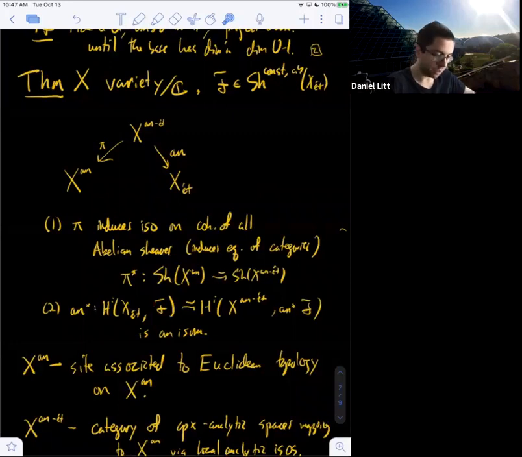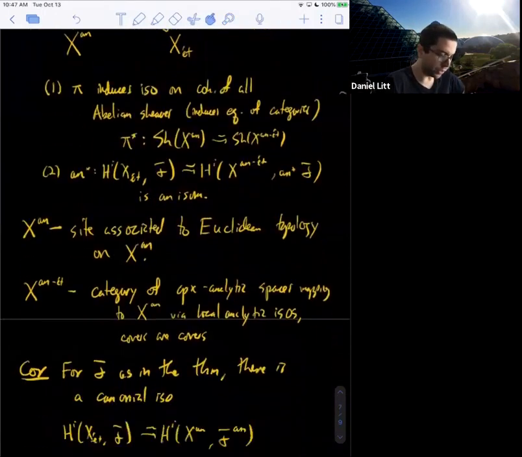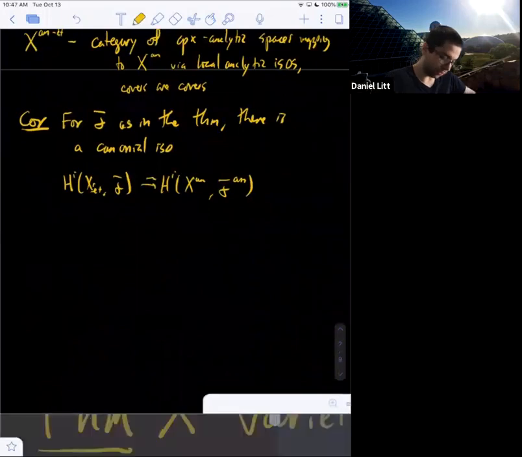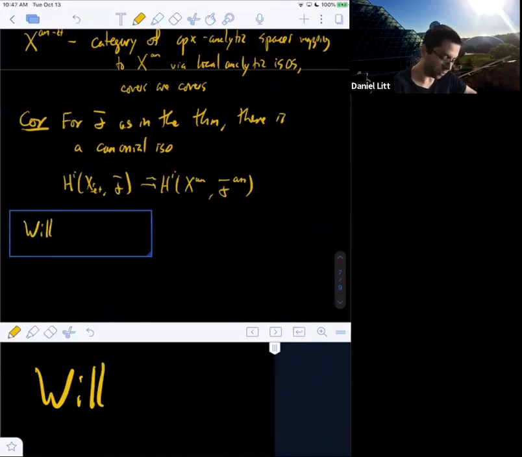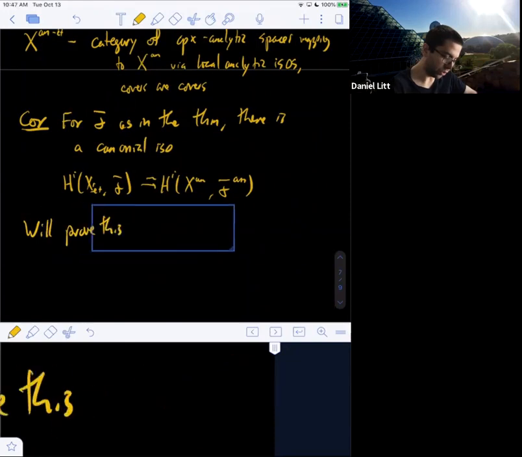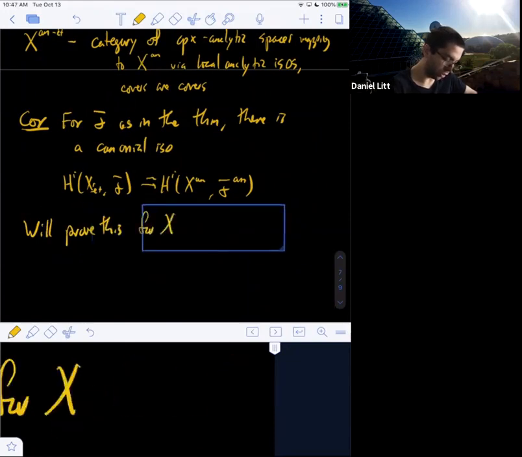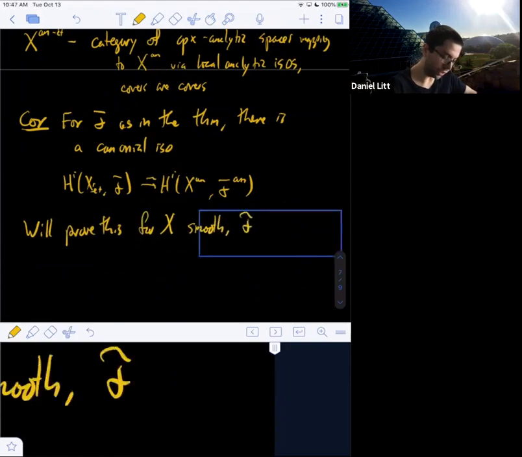Great. I'm not going to prove this, and we don't have time to do it today, but I will give most of the proof. I'll prove this for X smooth and F locally constant constructible.